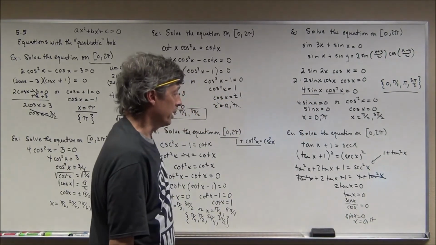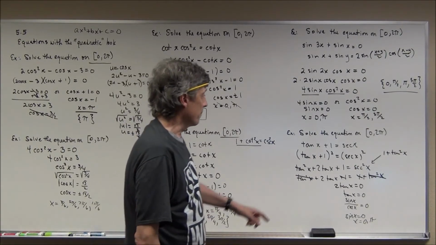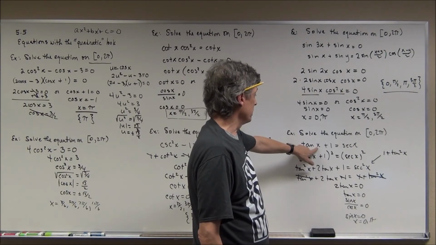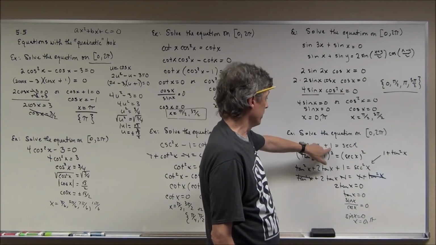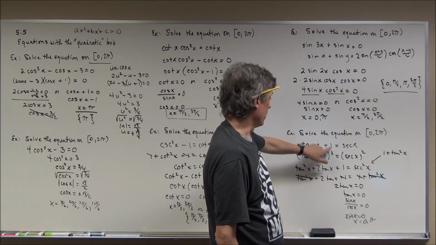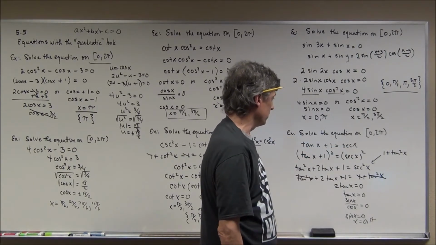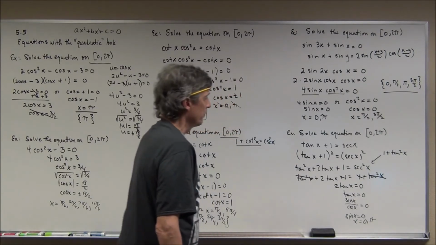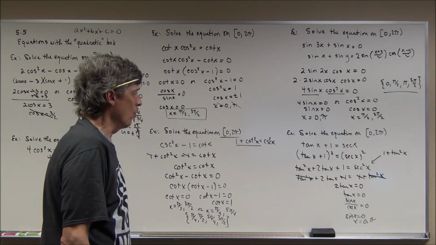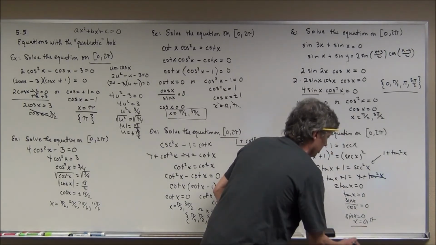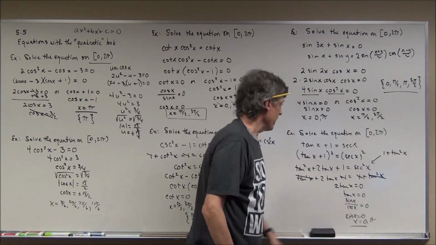I definitely want to check my answers on this one. So if I plug 0 in, the tangent of 0 is 0, plus 1 is 1. So I have 1 on this side. The secant of 0 is 1 over the cosine of 0, that's 1 over 1, that's 1. So I get a true statement. This is looking good. Well, let's try pi.